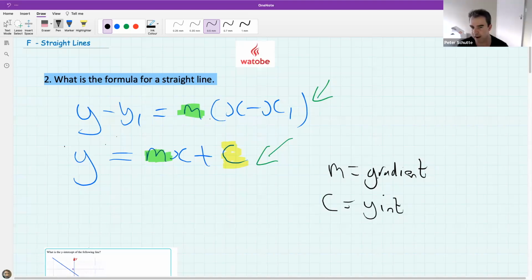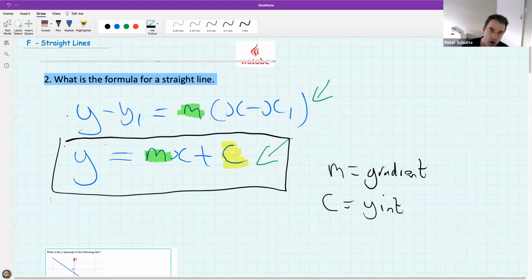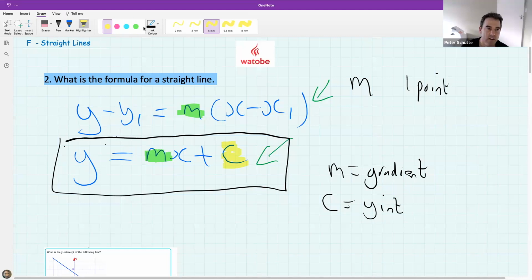And the M, the gradient, is the gradient that we've just been working out now. So in order to find the equation of a straight line, you need the gradient and a y-intercept. Or if you have the gradient and one other point, so in this thing here, we have this x1 and y1.